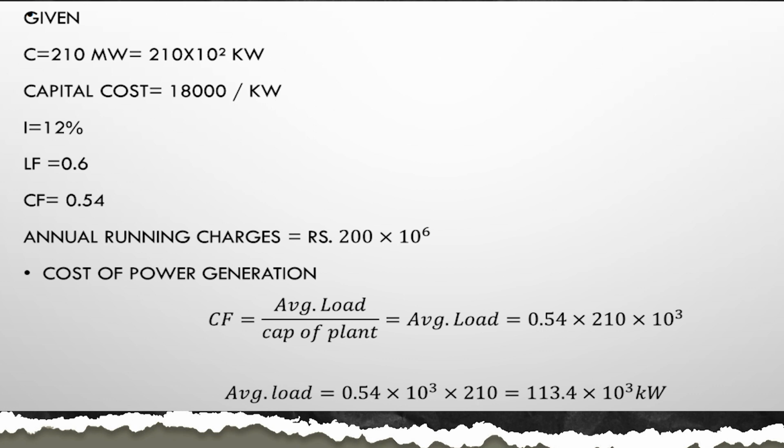So from this, the average load, or average demand, is equal to 0.54 into 210 into 10 to the power 3, that is 113.4 into 10 raised to 3 kilowatt.